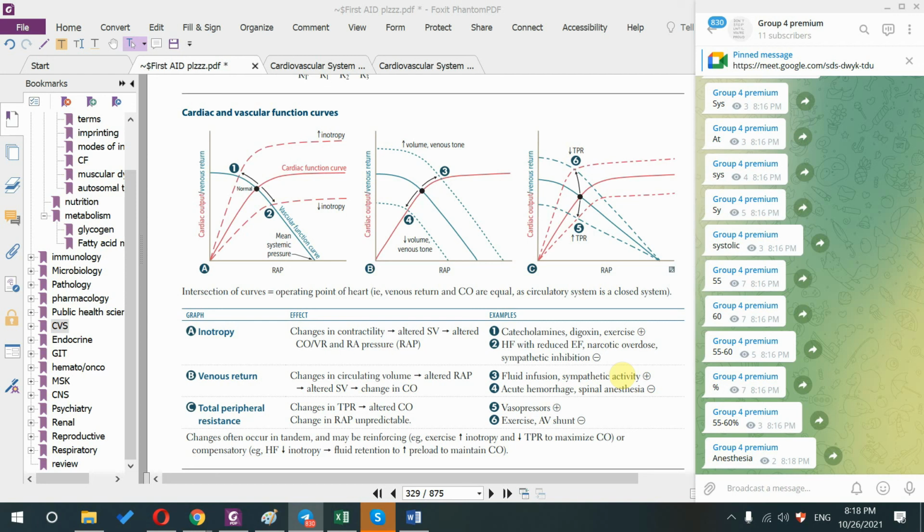It leads to, for example, beta blockers, guys. Beta blockers, yeah? They decrease sympathetic activity on the end organ. The catecholamines are not functioning. That's the main idea. So if that is the case, the inotropy will go down, as you can see here, and the vascular function curve will go to the right. Hope it makes sense. Just a matter of knowing where everything is located on the graph.